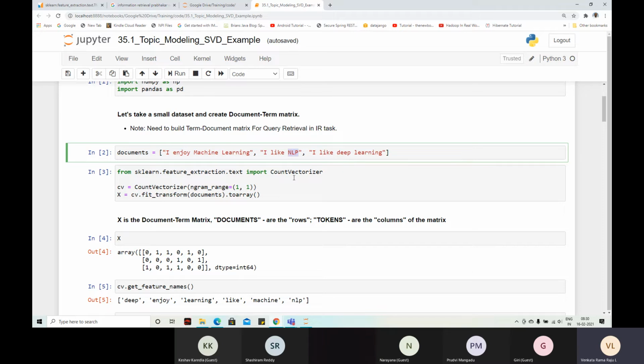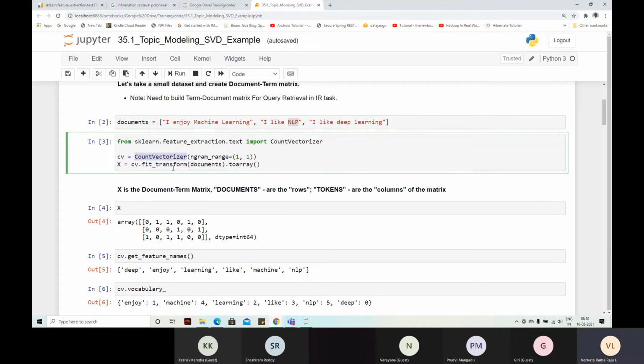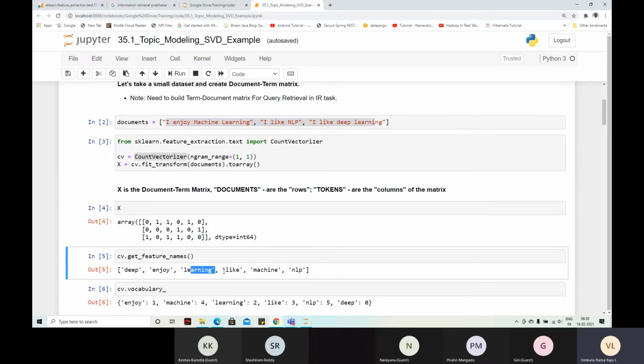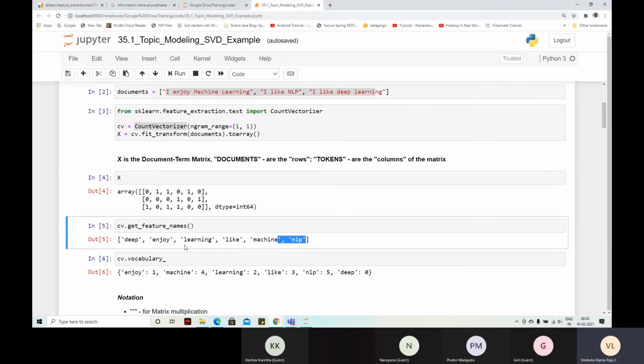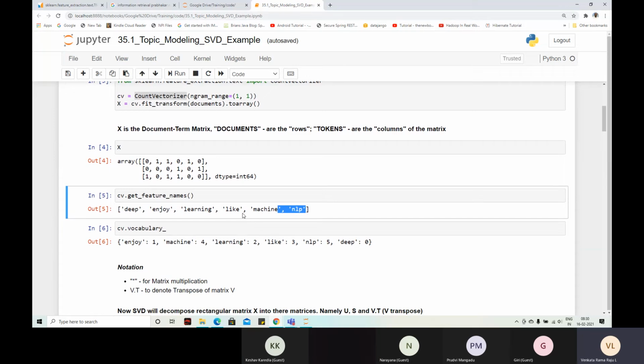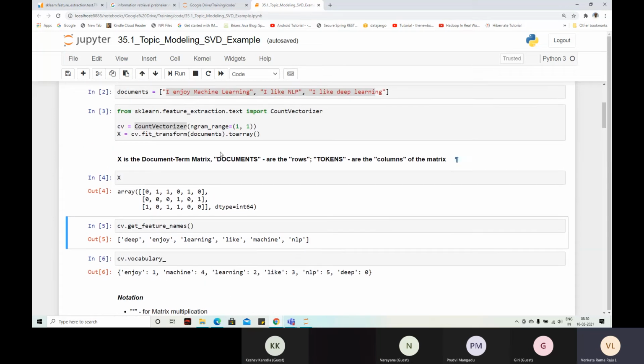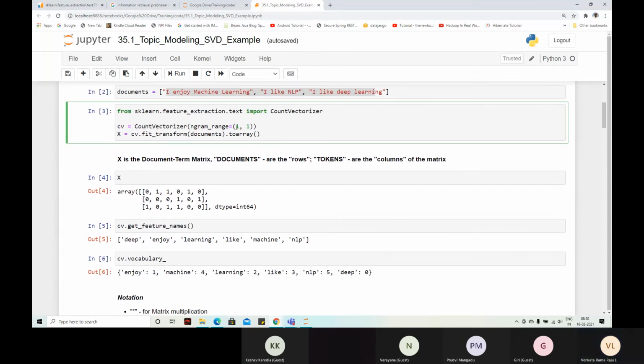Here I took a count vectorizer. What will the count vectorizer do? It will take the unique words from the data. What are the unique words? Deep, enjoy, learning, like, machine, and NLP. I don't know why it didn't take I; I is also there.